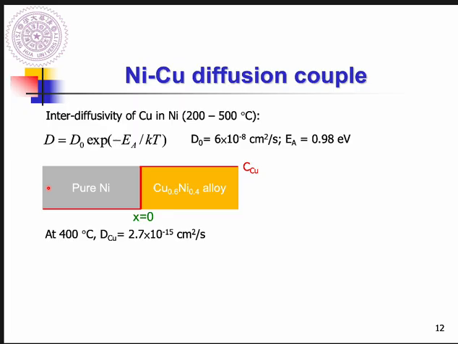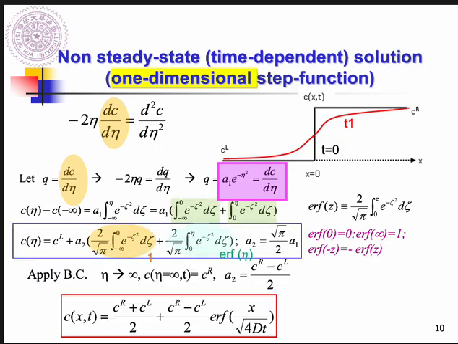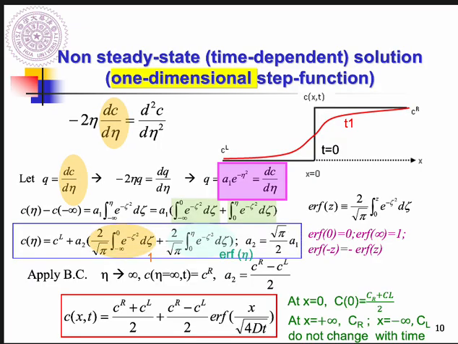Okay, so under these boundary conditions, we have shown you before. Actually, it is this one. The boundary conditions are at your right-hand side, the concentration remains constant, and at your left-hand side it remains constant as well.